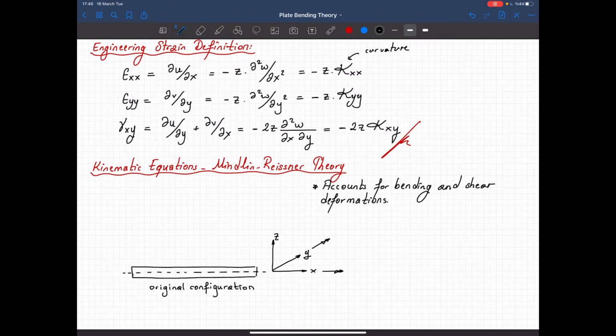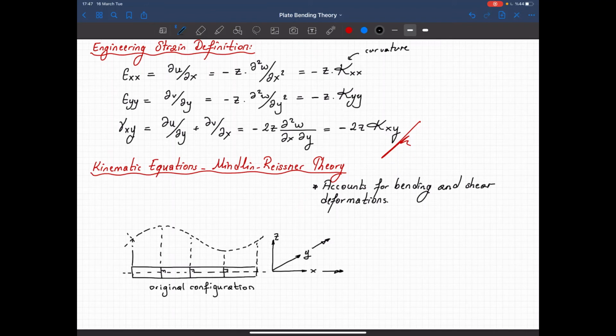Okay, so the derivatives of the transverse displacement will be in these directions. Now let's draw the deformed configuration. So let's say that we will have a deformation as follows. So I have a material axis here, another one here, and another one here. So these are originally 90 degrees, but as it deforms, they don't have to be 90 degrees because we have shear deformations now.